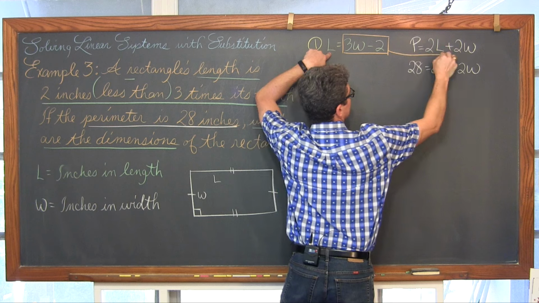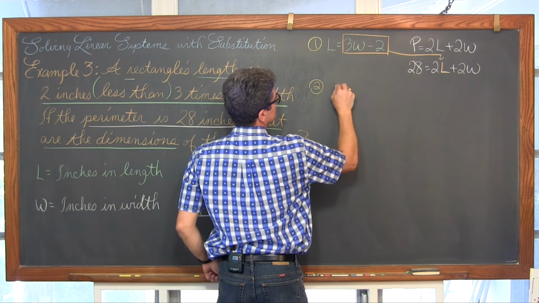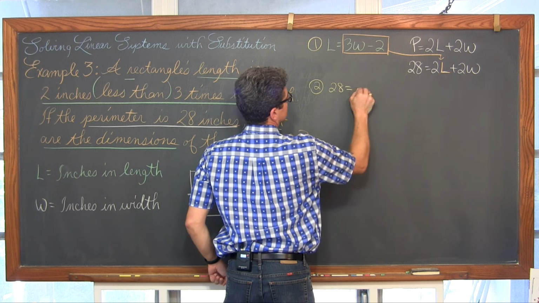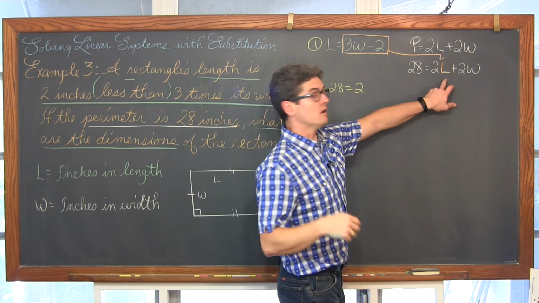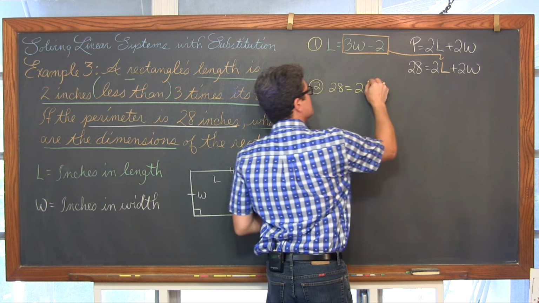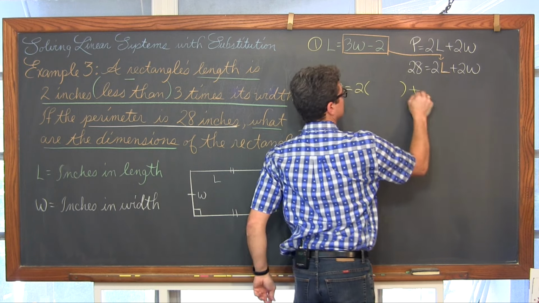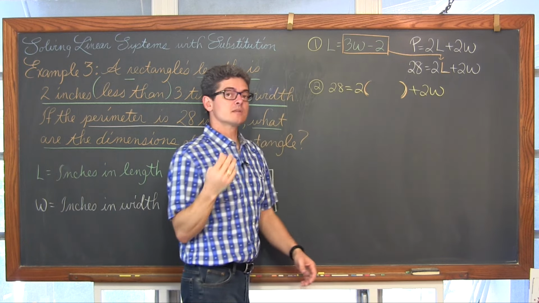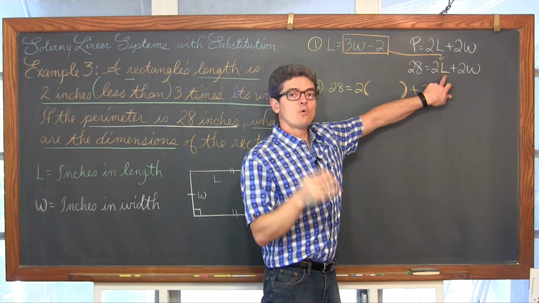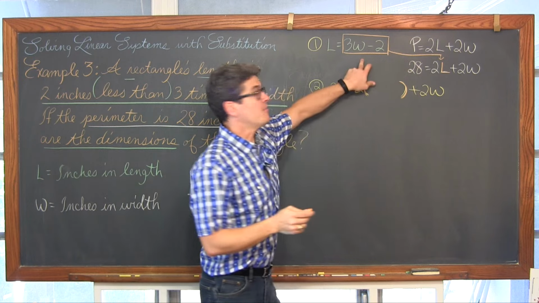So it's going to go right there as we do our substitution. So we have 28 equals 2. L is a variable that represents an unknown quantity, so it's 2 times something plus 2W.